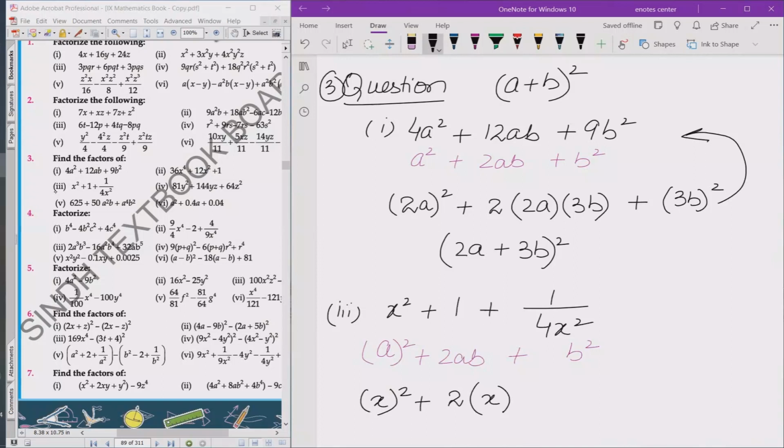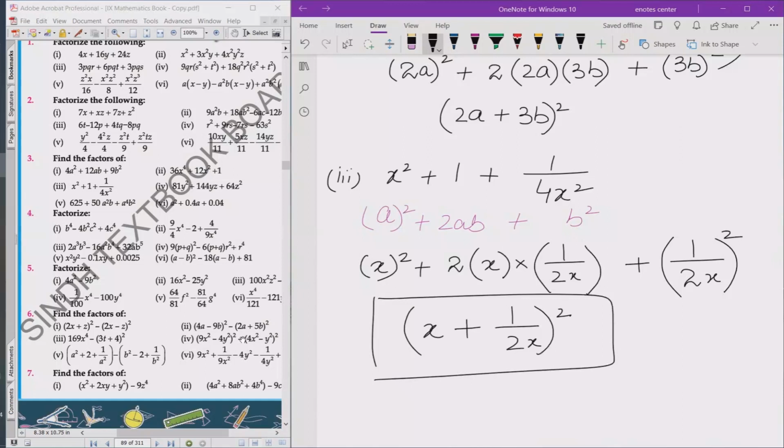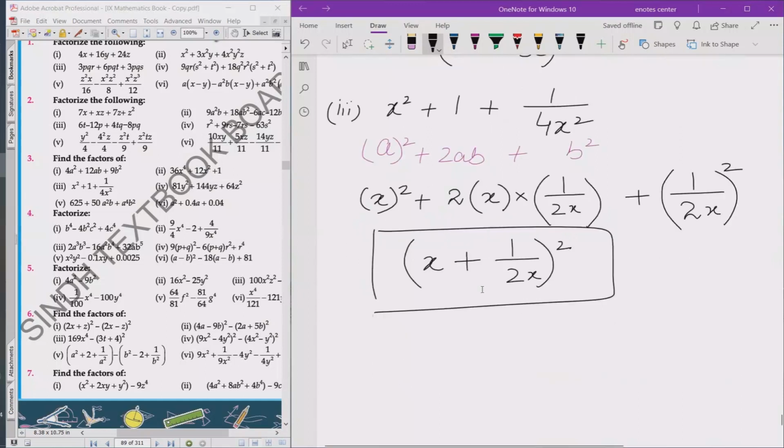Then b we will write after this term. We decide this one is 1 upon 2x is b, since b square is 1 upon 4x square. Now 1 upon 2x is b. After that we can write it this way: (x plus 1 upon 2x) whole square. So this is the answer of question number 3.